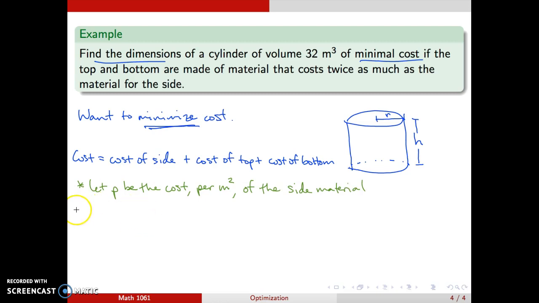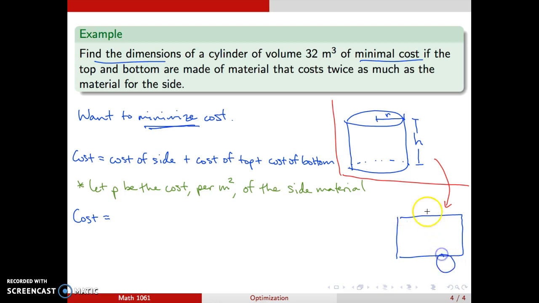Okay, so then cost is going to be, let me do a couple other things here. I've got my diagram here, keep it on the side. If I were to decompose this, take it apart and look at the amount of materials, I've got my radius R of the circular base up there, and the lower base.